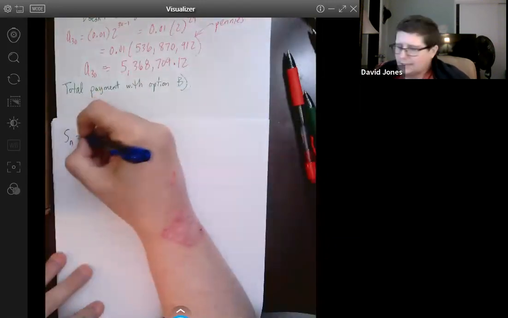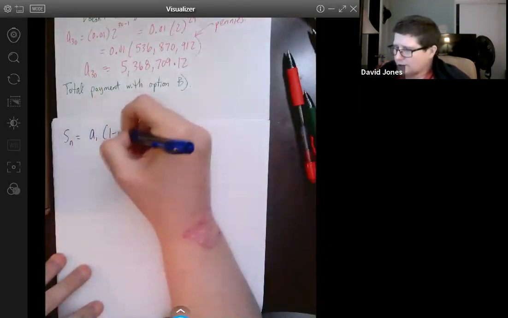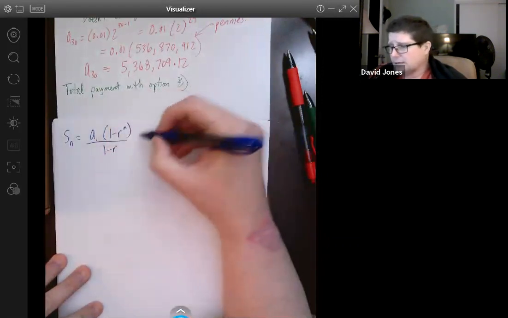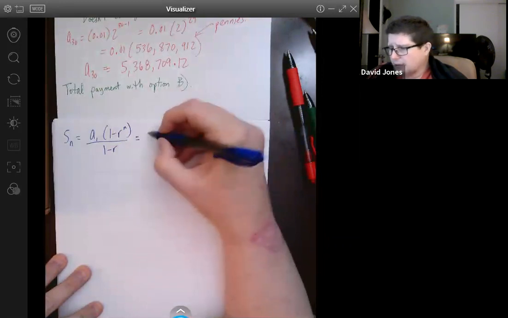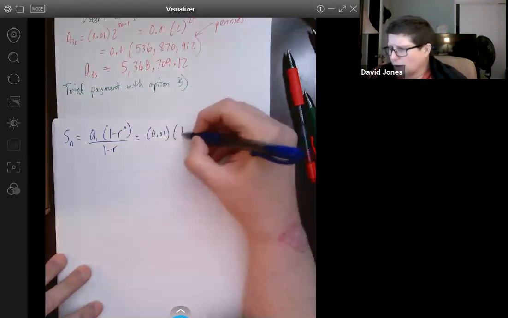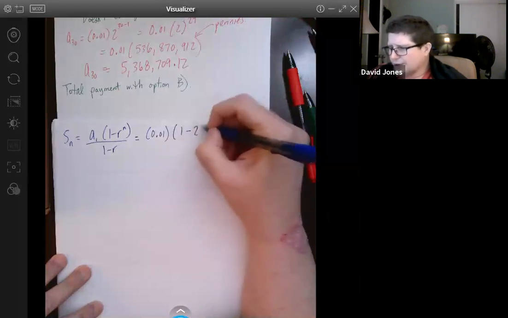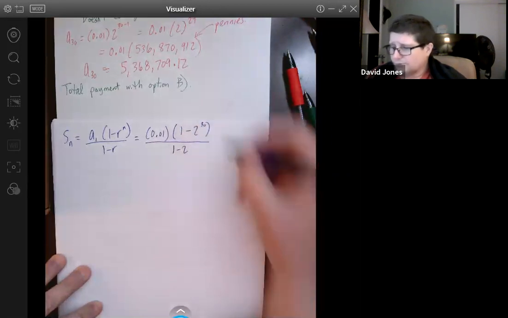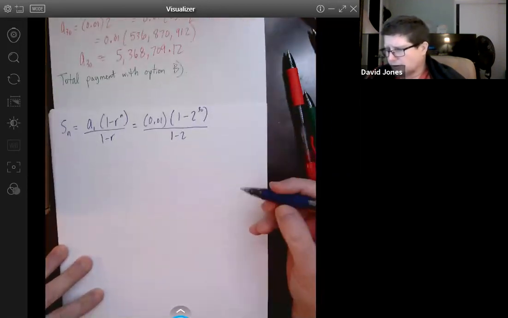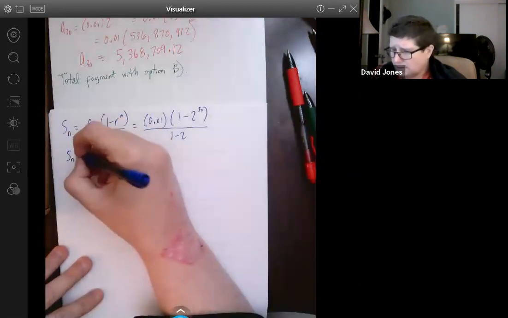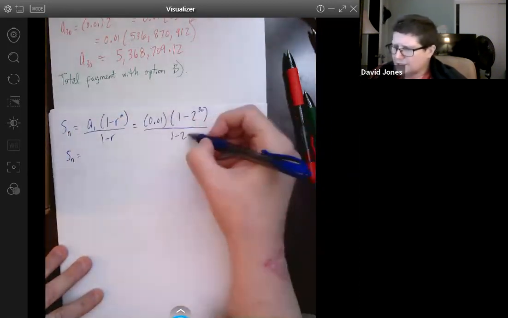Recall s sub n equals a sub 1 times 1 minus r to the n over 1 minus r. This is 0.01 times 1 minus 2 to the 30th power over 1 minus 2. One minus 2 is negative 1.